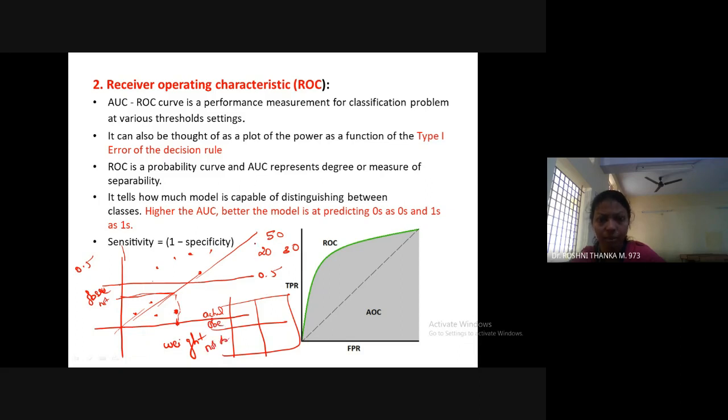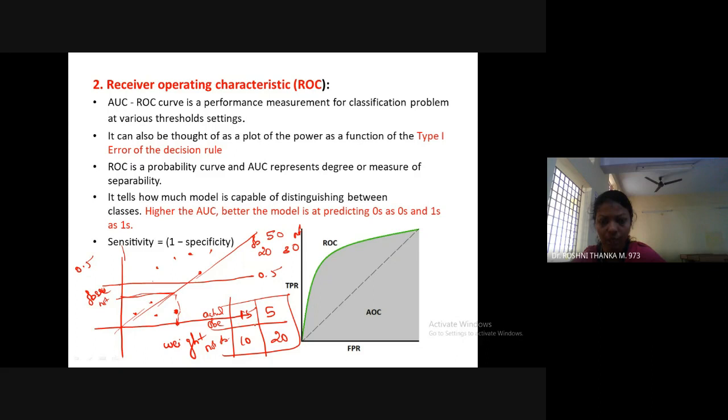Seeing each and every value, you have to say out of these 20, 15 are correctly predicted and 5 are wrongly predicted using this threshold value. Same with the not obese: out of 30, 20 are correctly predicted and 10 are wrongly predicted using this threshold value. So I got a confusion matrix, right?